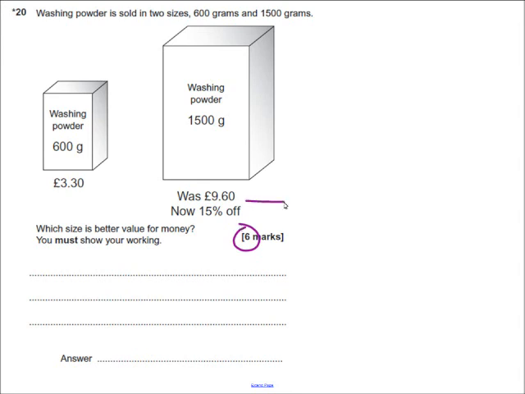So let's do the first one and work out what the proper price of our large box of washing powder is. So we have £9.60 and we need to take off 15%. So 15 over 100 represents our 15%. So what do we need to take off our £9.60? So let's put that in our calculator. 9.6 times 15 divided by 100.